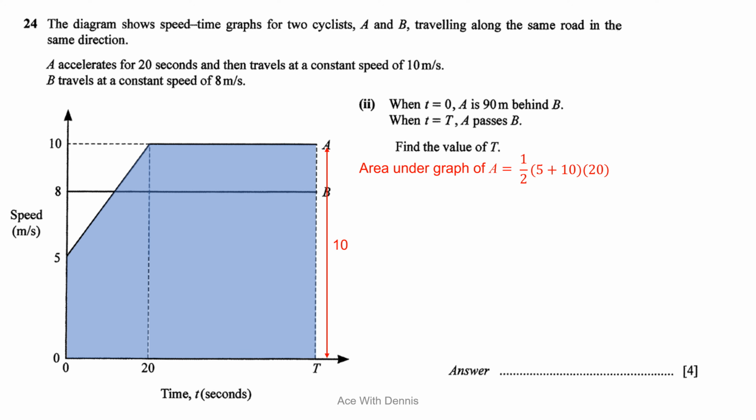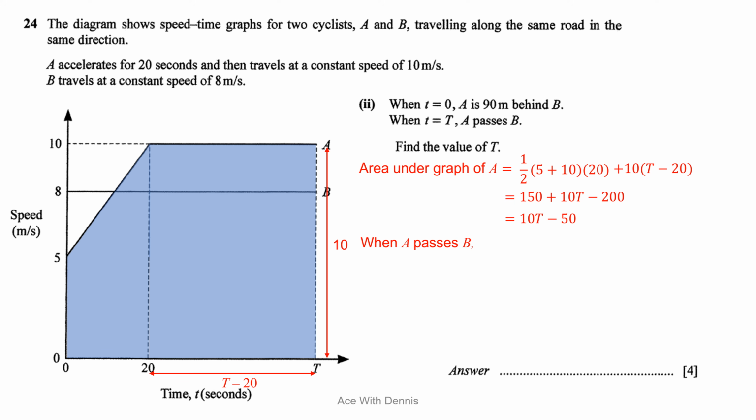The height is 10 and the width here is t minus 20. So we add 10 times t minus 20. Then we expand and simplify. We get 150 plus 10t minus 200, which is 10t minus 50.